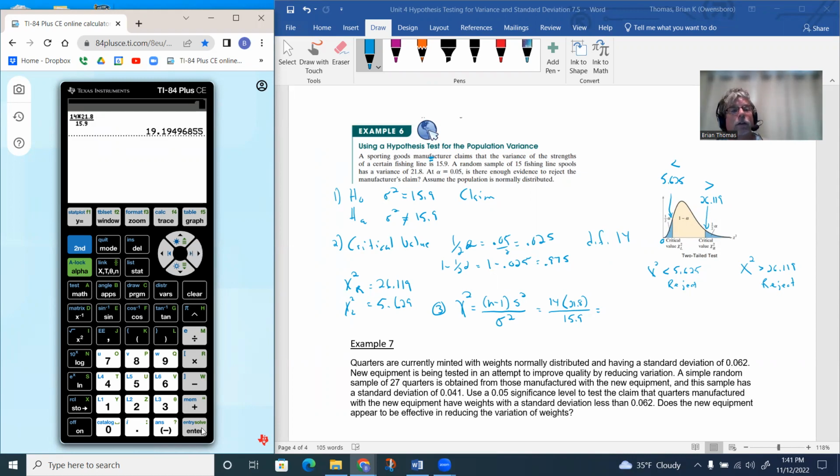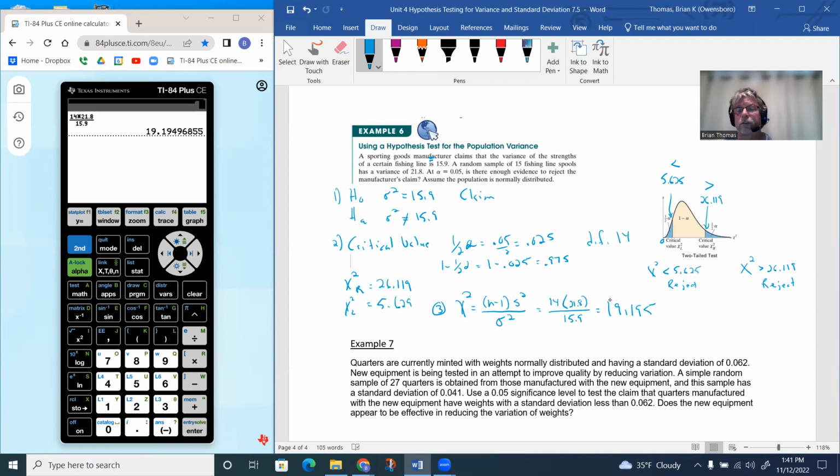If we enter, we get 19.195. Notice we have to go out to the fourth decimal place, but that 9 means change it to a 5. So going out to 3 decimal places, this is 19.195.